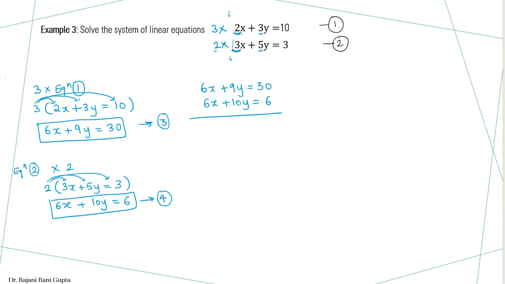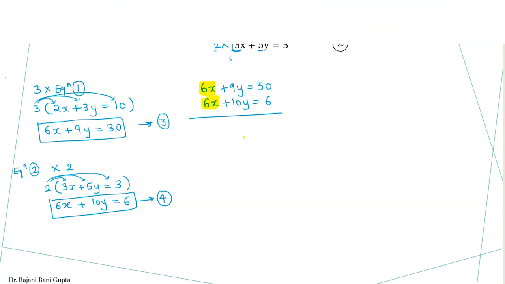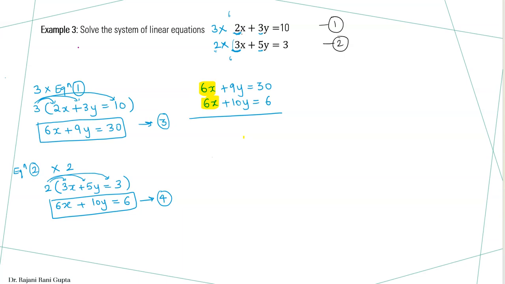So what you can see here is the coefficient of x is the same. So yes, you can do the subtraction. Change the sign: this plus becomes minus and this also minus. So 6x minus 6x gives you 0x. Then 9y minus 10y, what does it give you?